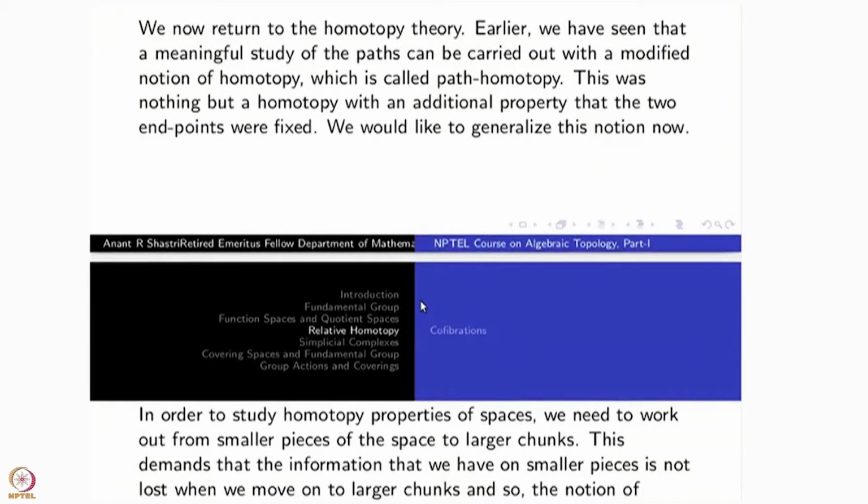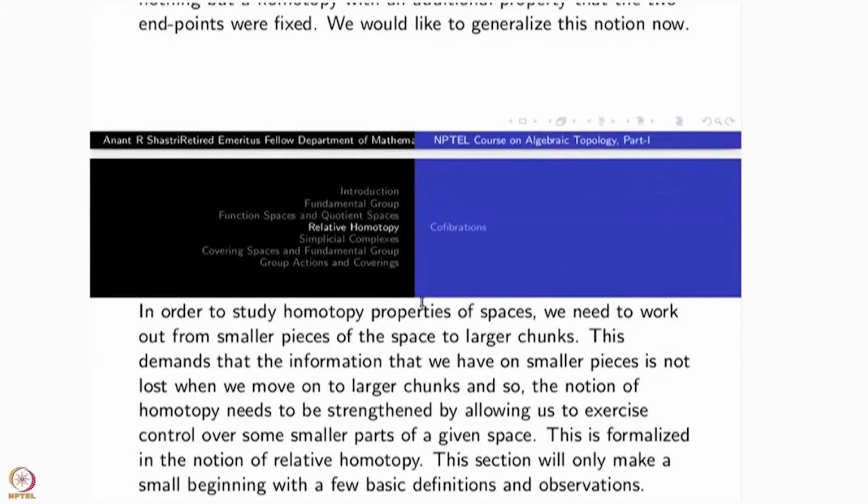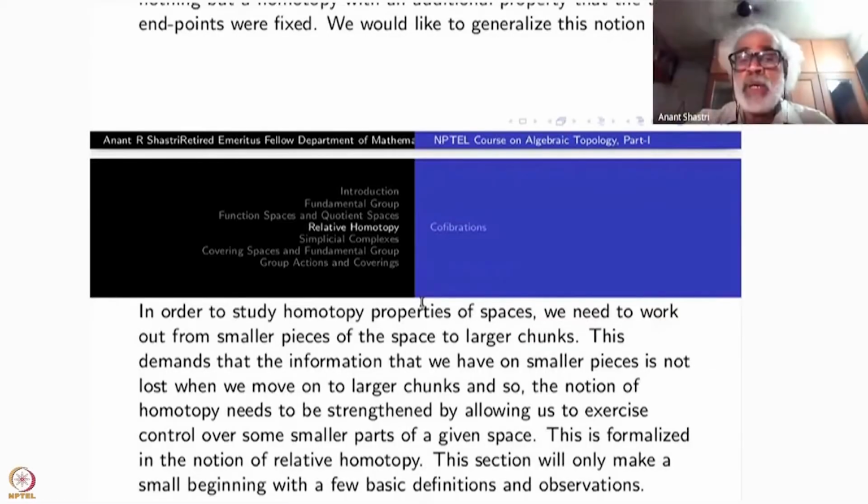So, the notion of homotopy needs to be strengthened by allowing us to exercise control over these smaller pieces. And that is precisely what leads us to what is called a relative homotopy, namely the homotopies which don't change on whatever smaller piece is nice already.